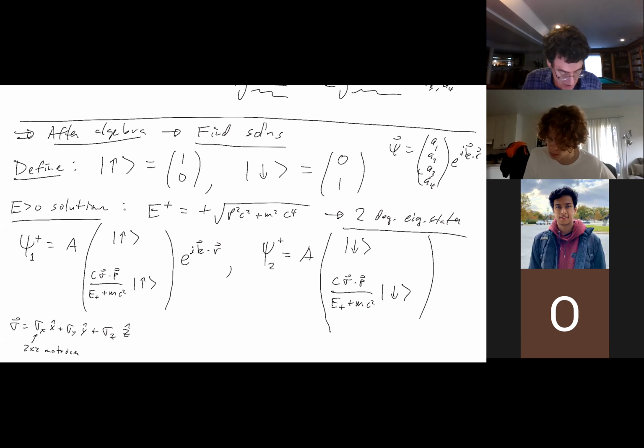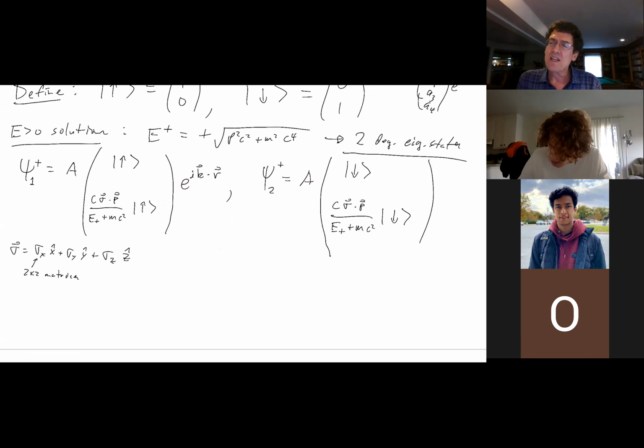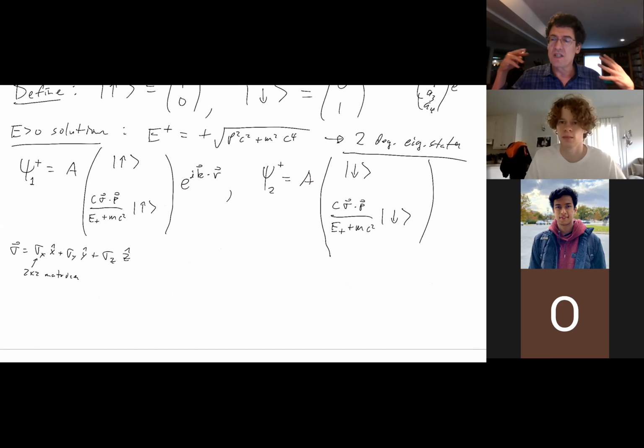It's just too much. Okay, and now we're going to do something very clever. Remember, this whole treatment is a combination of special relativity and quantum mechanics, and so this works for very fast moving particles going close to the speed of light.